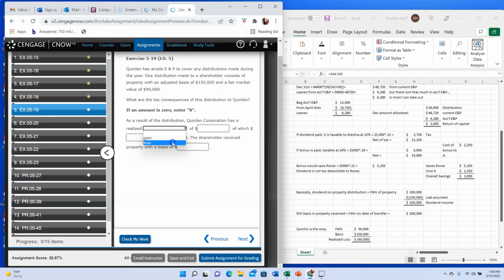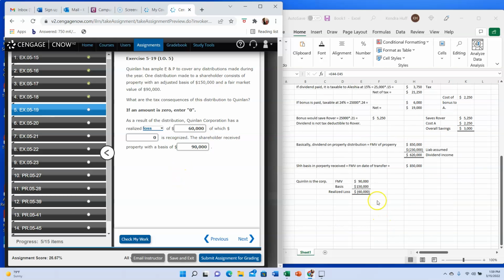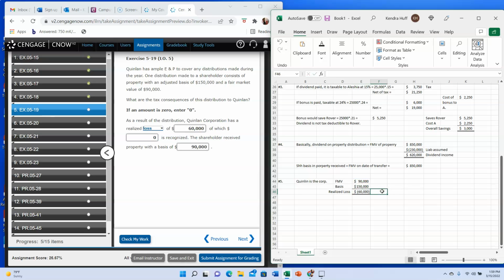So they have a realized loss of 60, of which 0 is recognized. And then the fair market value carries over. All right, not deductible. Shareholder receives property with a basis equal to fair market value of property.